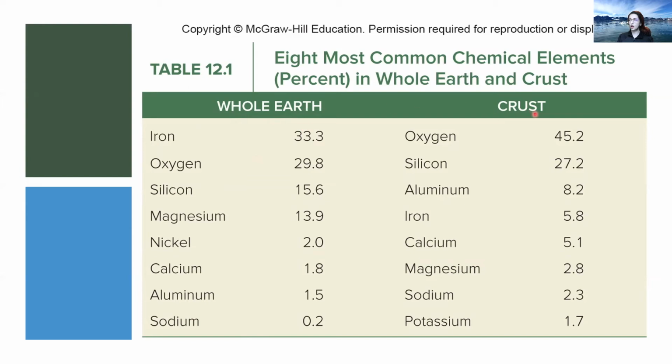When we concentrate on what is found in the crust, it tells a different story. So we're looking at the crust here, which means we're not concentrated on what is in the interior of the Earth. So iron falls way down in percent. Instead, the crust is dominated by oxygen and silicon. And that is comprised mostly in those silicate minerals that we have on the Earth's surface. We also have a few other things that are found in lower percentages that are considered trace metals in our environment.